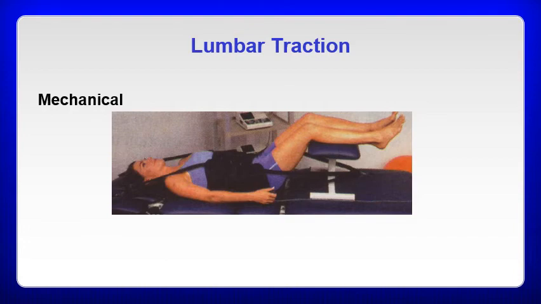Many times people with discogenic symptoms, so symptoms related to disc herniation, tend to respond better to being prone and slightly extended. Naturally, in a prone position, you'd have some slight extension. So in the end, you can go with what's most comfortable for the patient, but that is a guideline to have in the back of your mind when you're trying to decide how to position the patient for mechanical lumbar traction.